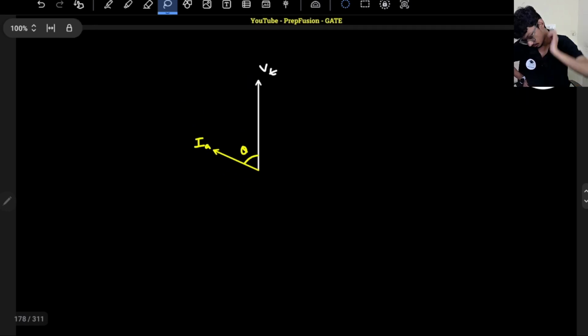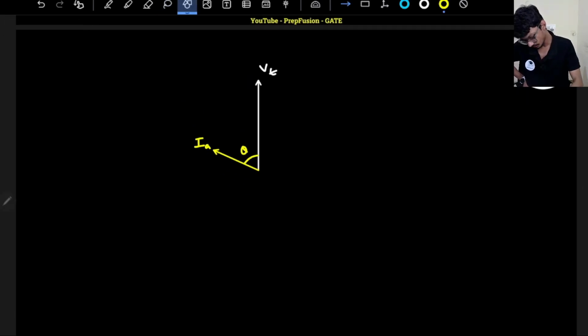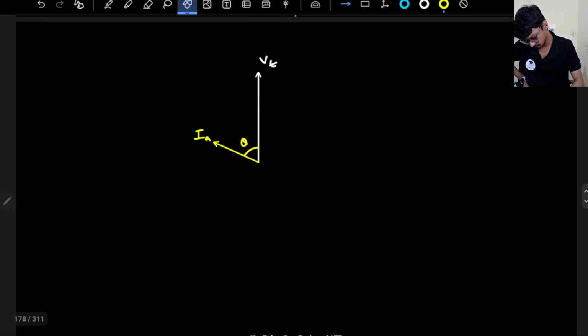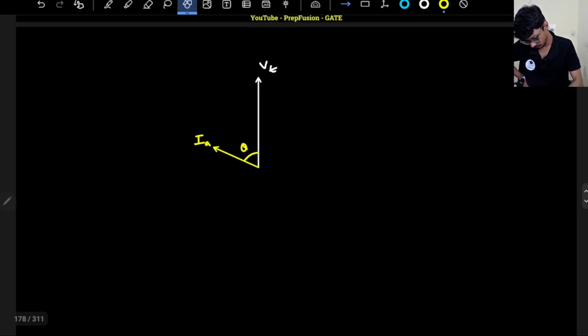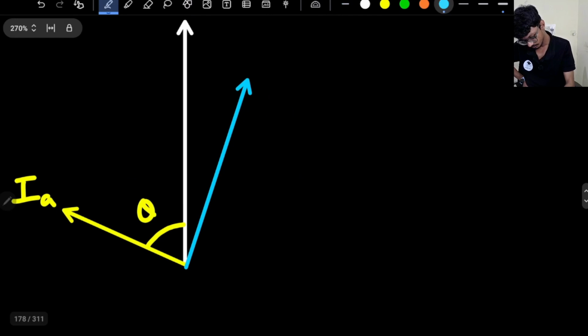And EF will lie somewhere around here, right? Not exactly 90, I can say somewhere around here. EF will always lag VT in case of a synchronous motor. This will be EF, and this will be angle delta.